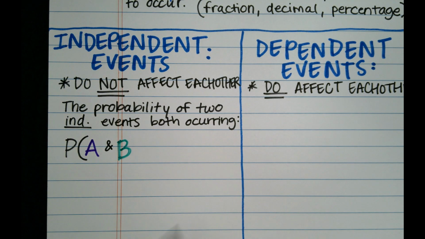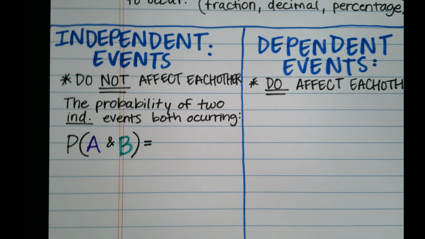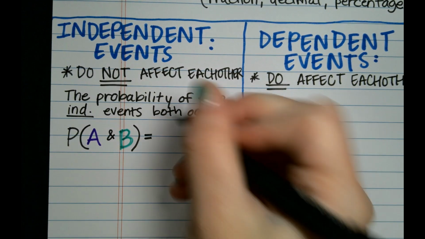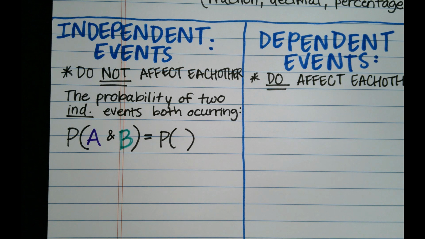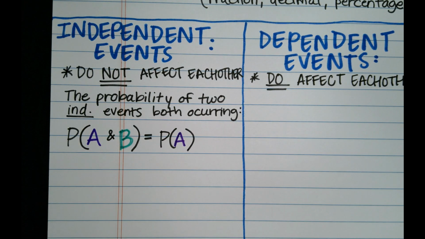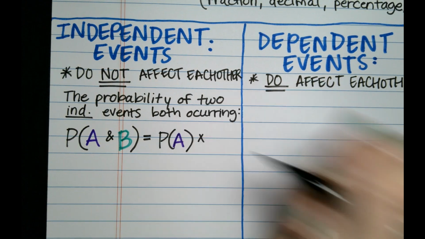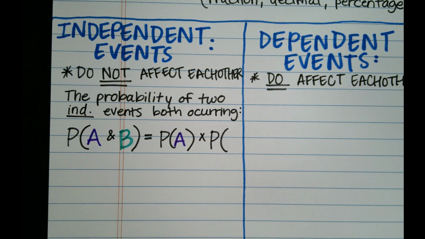So the probability of both of these happening is equal to the probability of event A times the probability of event B.